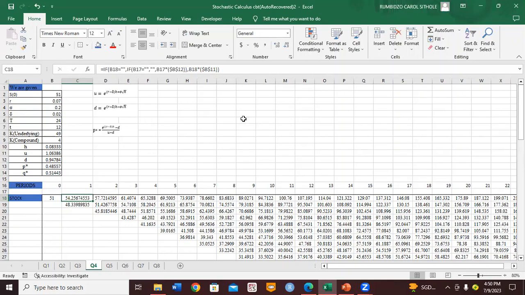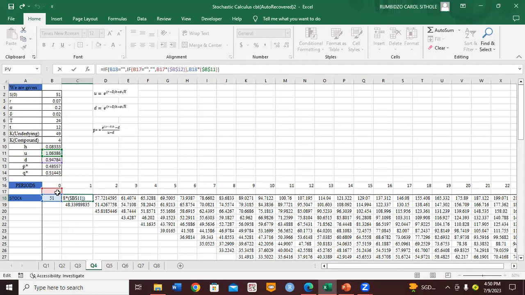When calculating our tree, we could go all the way up as a tree spreads, but I just did half of it because that's what we mainly need to calculate the price. So we use the IF function. If cell 18 is blank, it will be blank. If it's not blank, we'll multiply it by our U, and then we move on to multiply it by our D. We'll be multiplying our B18, which is the current stock price.